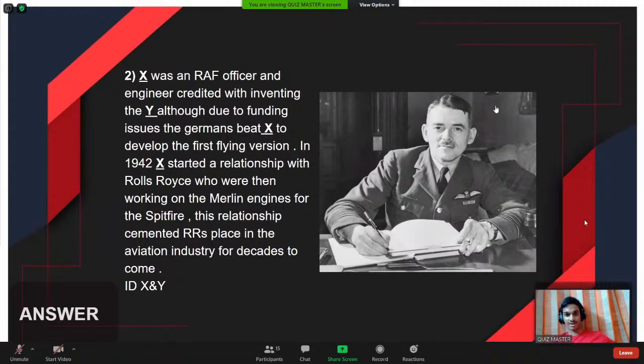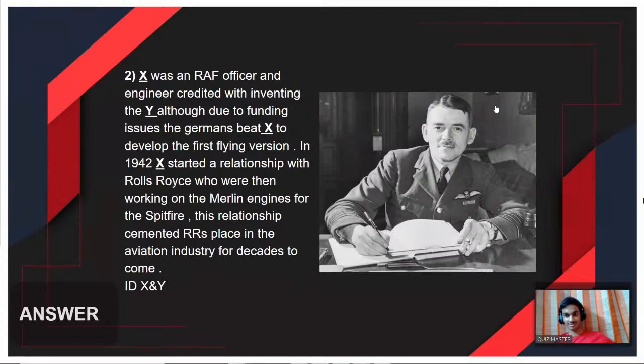Team 5, what did this person invent? Perfect. So Team 5 gets plus 20. Team 3, what did the person invent? Yep. I also like the fact that Team 3 referred to this person as Sir Dash after his knighthood. Team 3 gets plus 20.